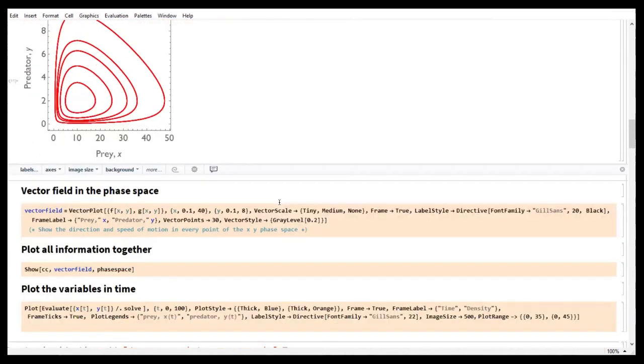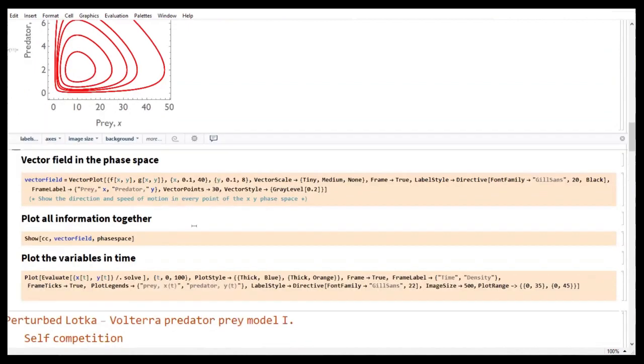We can analyze the motion according to the vector field in the phase space as well. So let's define a vector with the name vector field, and we can use the so-called vector plot command, which considers the right-hand side of the differential equation, which gives the speed of motion in every xy point.